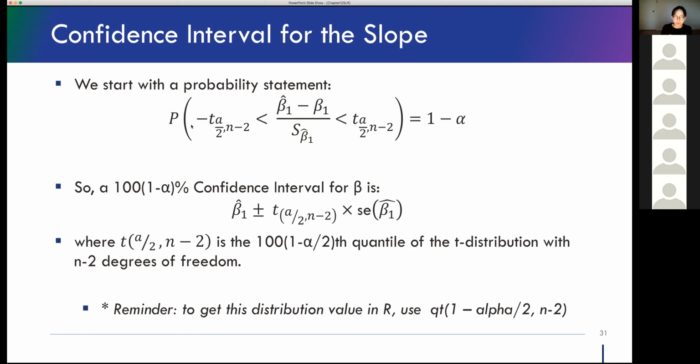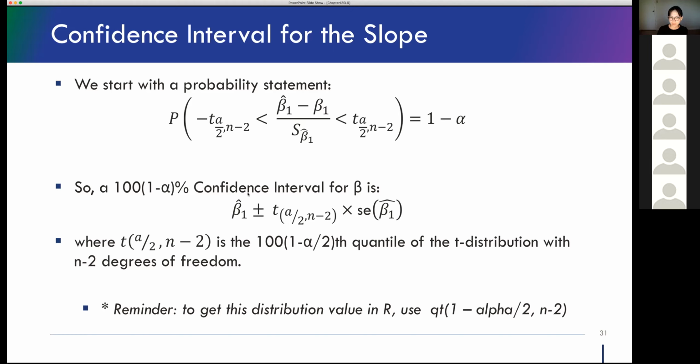For the confidence interval, we use the formula we had: the estimate beta 1 hat plus or minus this t score, where alpha is the significance level, normally 0.05, with the degrees of freedom, times the standard error of this estimate. Previously, this was your X bar, and this was the standard deviation of your X bar.